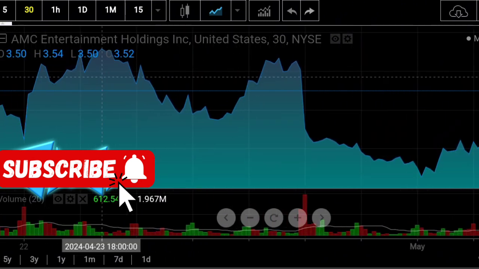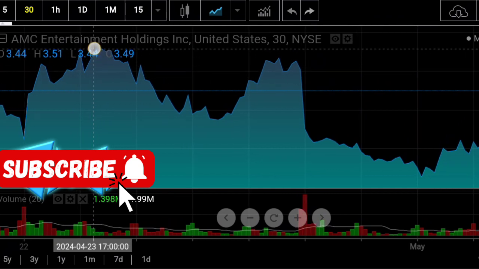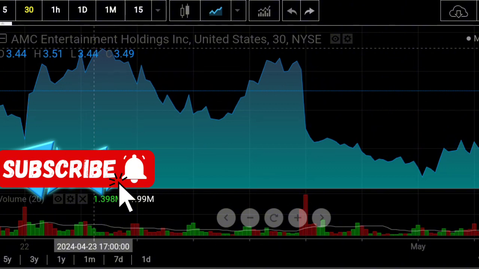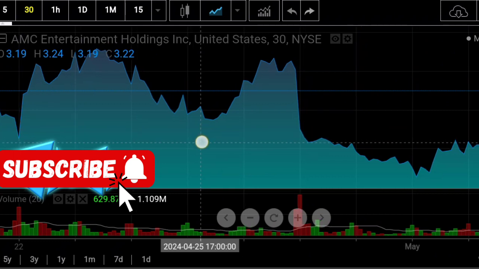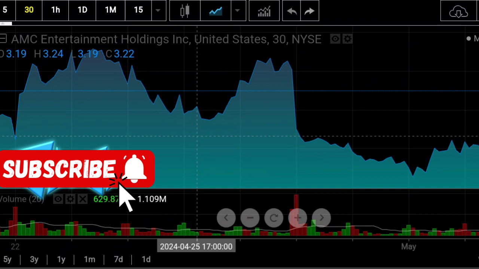Between this point of $3.52 and this point of $3.13, that's a bearish point. You could actually make a lot of money as well, depending on the number of pips and your investment.